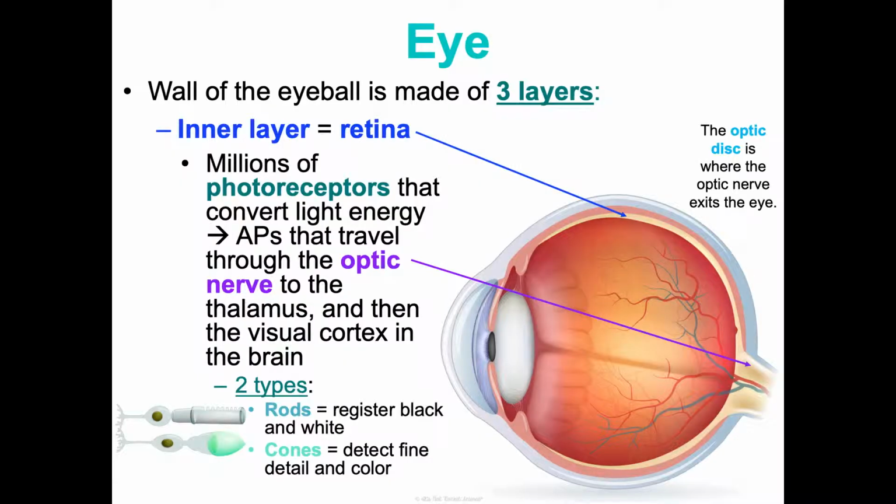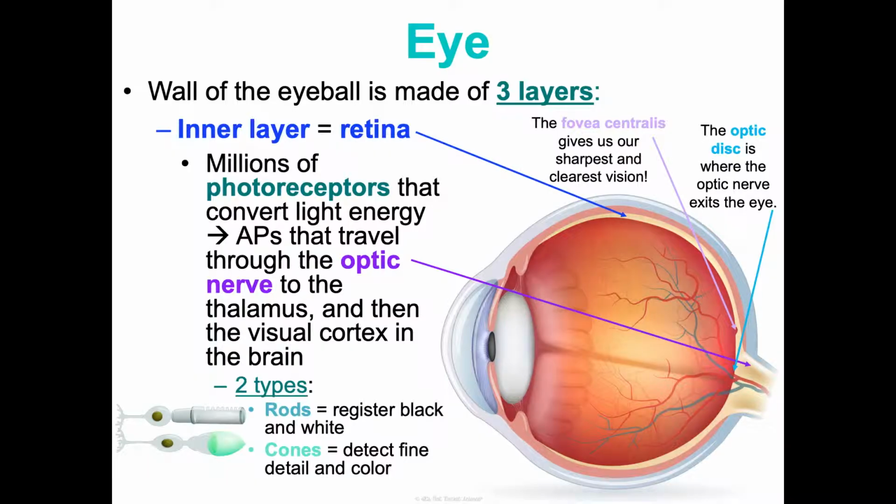Then 2 other structures I want to point out in the retina. The optic disc right here is where the optic nerve exits the eye. And we also have the fovea centralis, that little bump-looking structure right there, which gives us our sharpest and clearest vision.